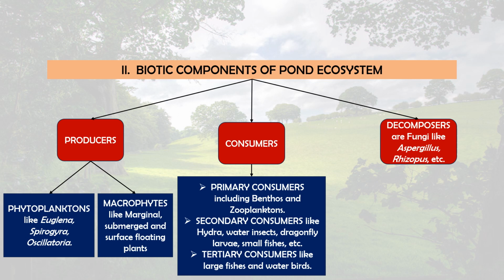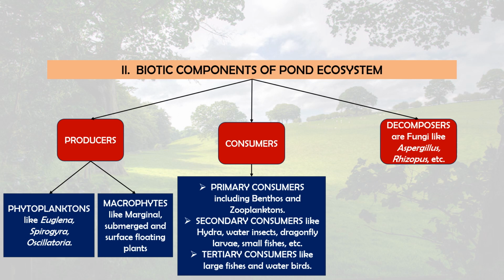Some common phytoplankton of a pond are Euglena, Volvox, Anabaena, Oscillatoria, and some filamentous algae which are found floating as well as submerged in water are Spirogyra, Oedogonium, etc. And macrophytes are the rooted larger plants which include marginal or partly or completely submerged plants, floating plants, etc. So, first one is marginal and emergent plants.